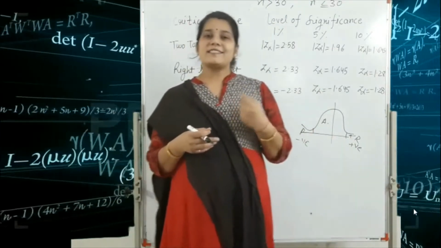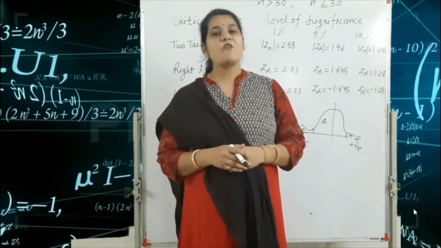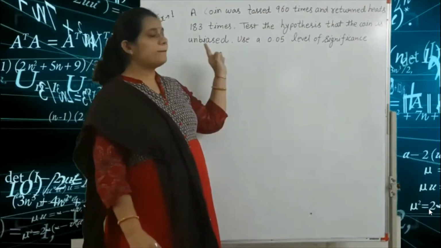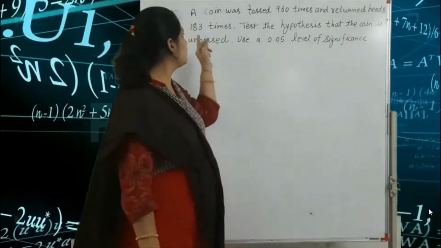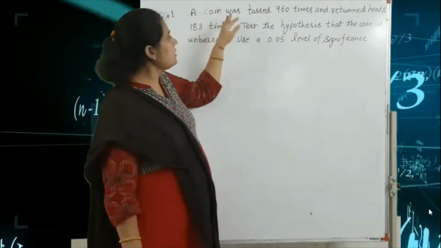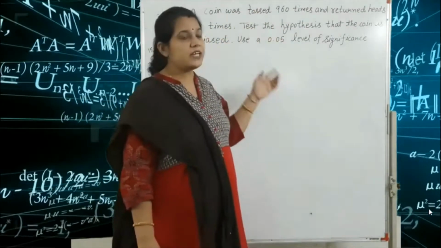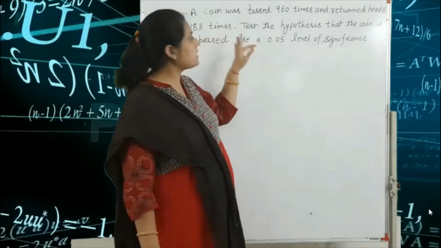So let's start our first example, depending on the test of hypothesis. This is the example of hypothesis for one type of question. Here the question is: a coin was tossed 960 times and returned heads 183 times.